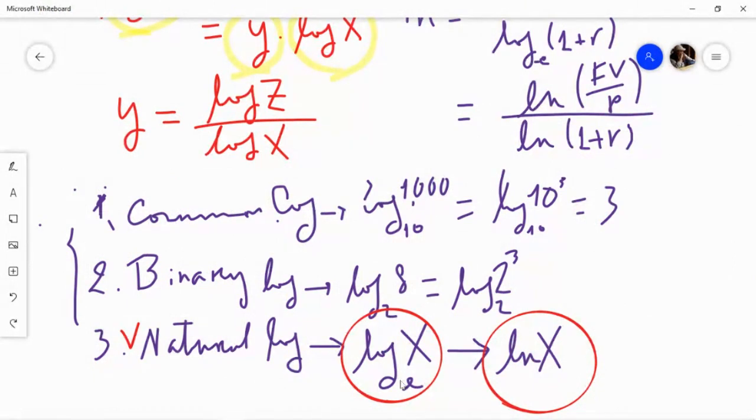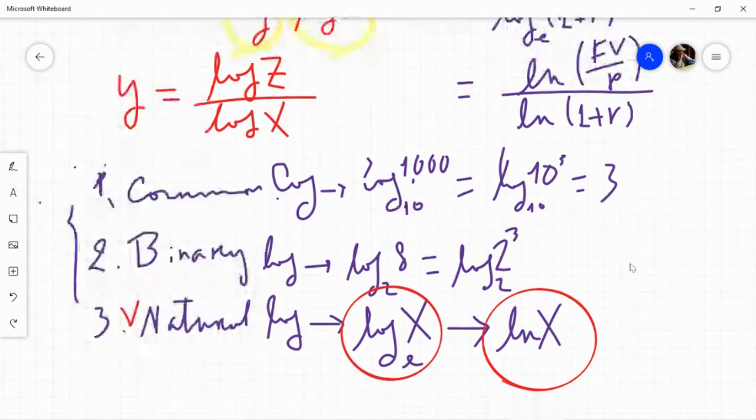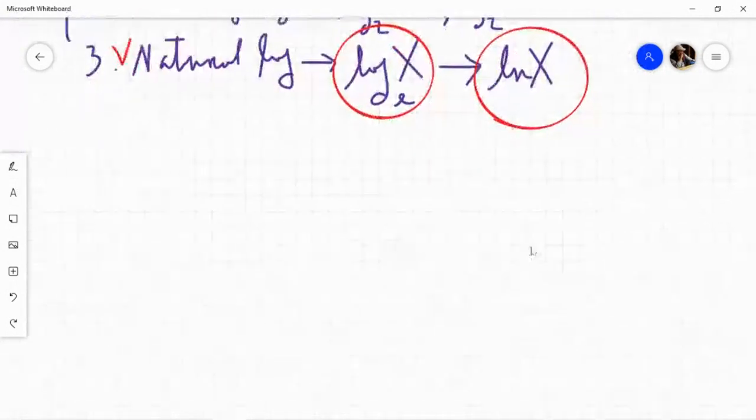We need to take the natural log, and why the natural log, and how the natural log came about. That part needed to be discussed.